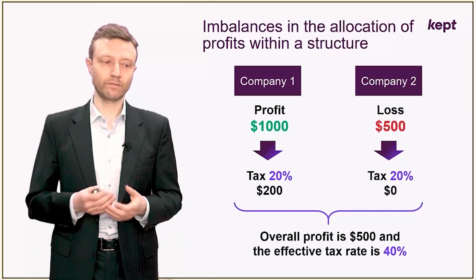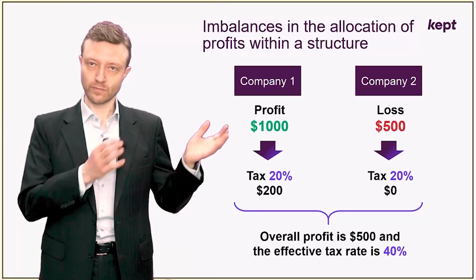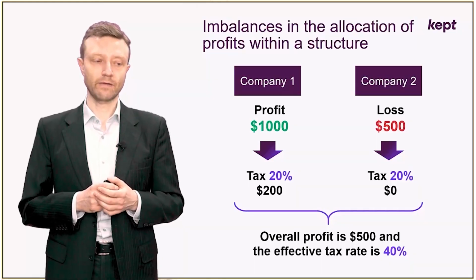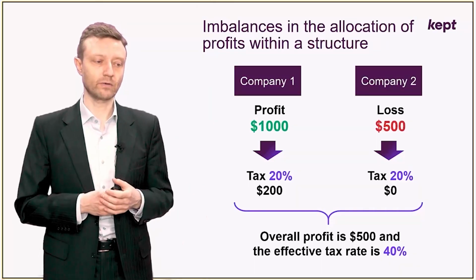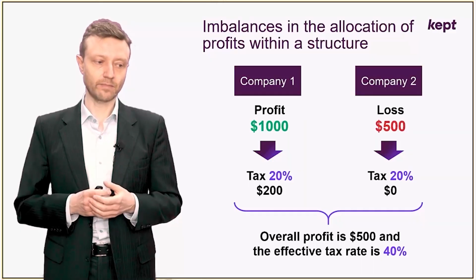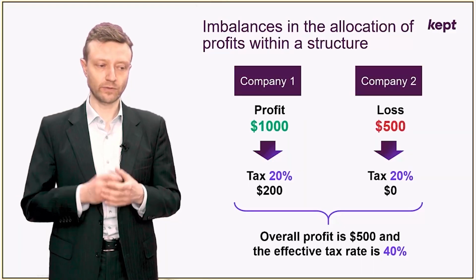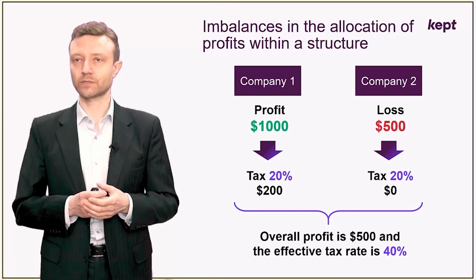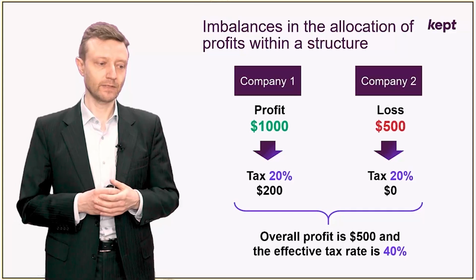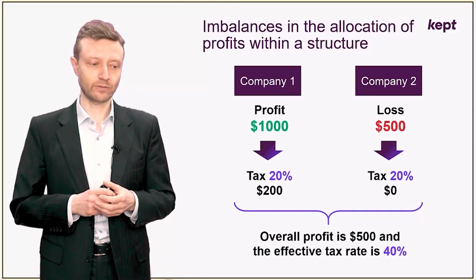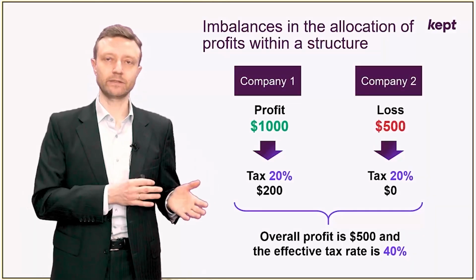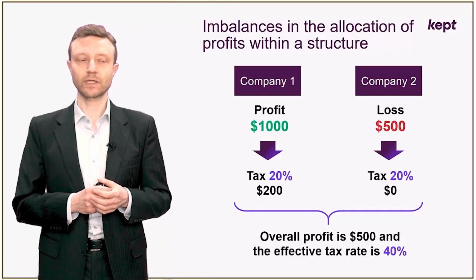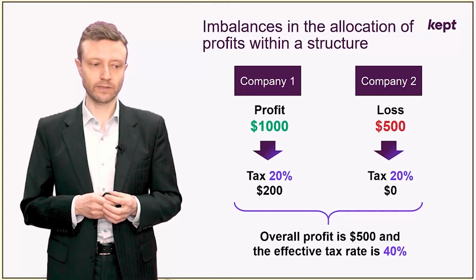Despite the overall profit being 500, 1,000 minus 500, the effective tax rate is 40% because only the profitable company paid 200 in corporate income tax, and 200 divided by 500 is 40%. So despite each company in each country being liable to pay 20% income tax, the effective tax rate is 40%.